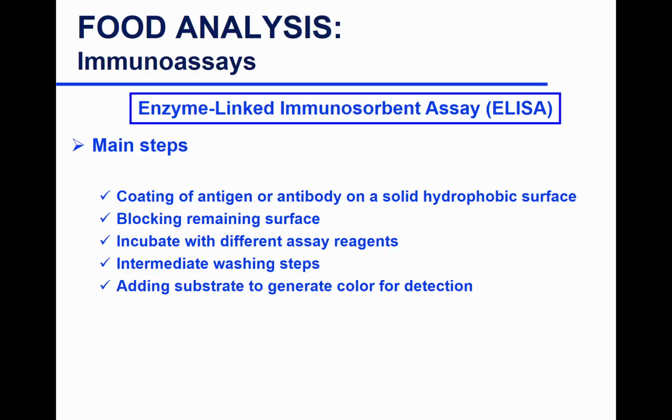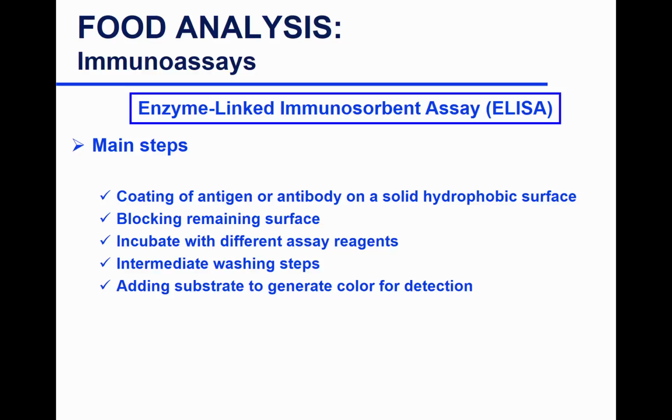So what are the main steps in ELISA? This is a study question, but also an exam question. So what you would need to do is, first thing, you have to bind the antigen or an antibody to a solid hydrophobic surface.